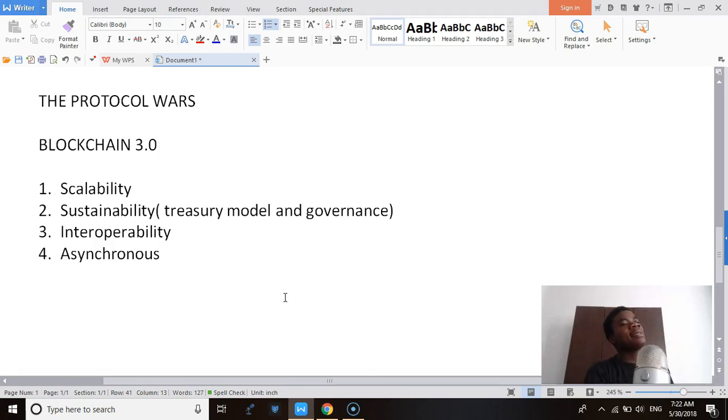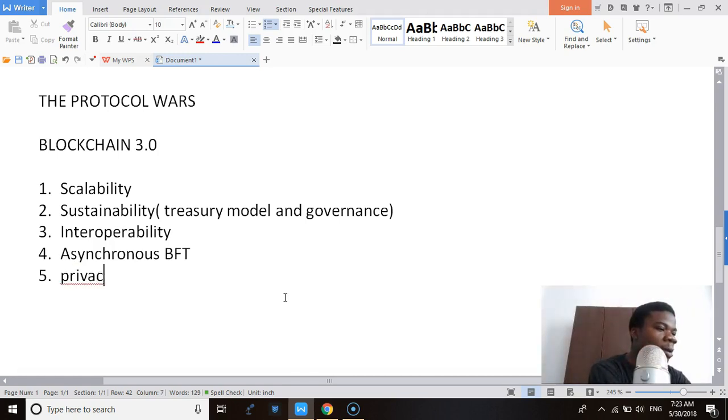But until we design systems that, number one, are BFT, it has to be Byzantine fault tolerant, and then it has to be asynchronous. So you don't have to wait for a transaction to sync with the whole system. No, let's divide the system into different places, and every person can be doing their own thing. So the platforms that I believe are going to win in the future are platforms that are asynchronous. That is what I believe.